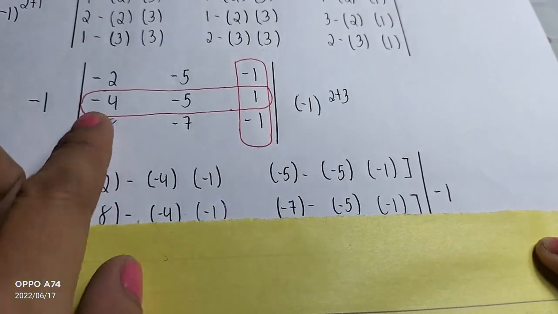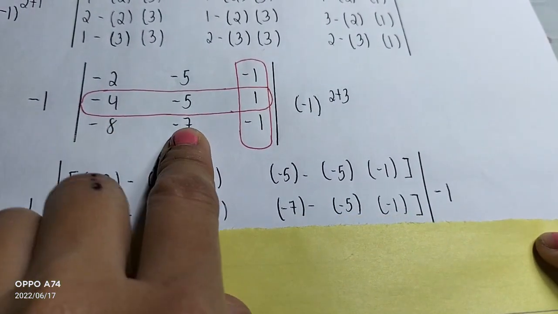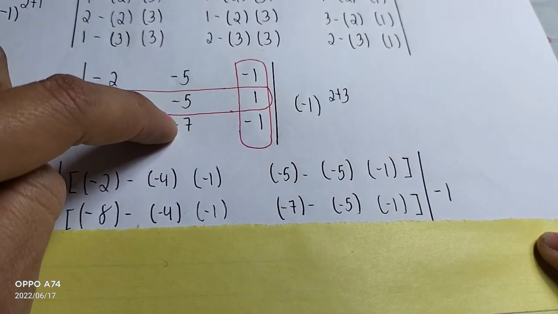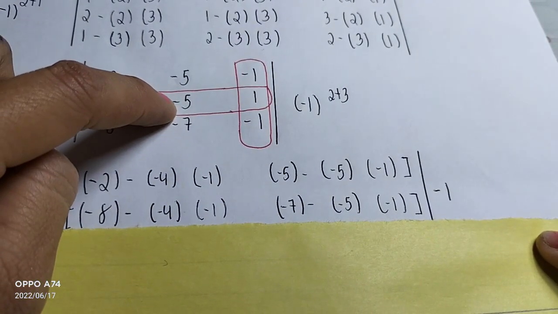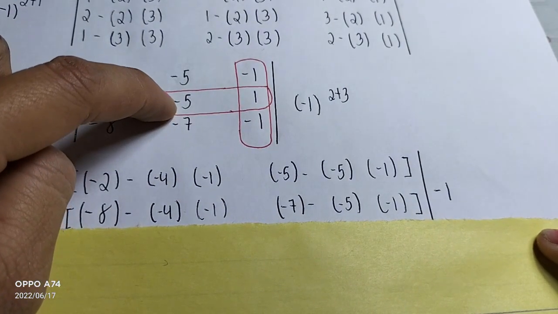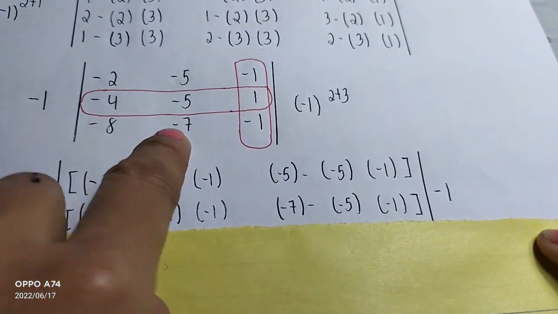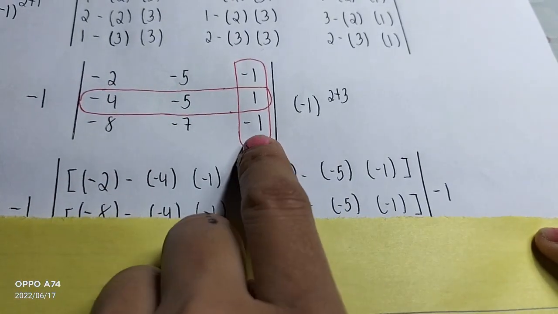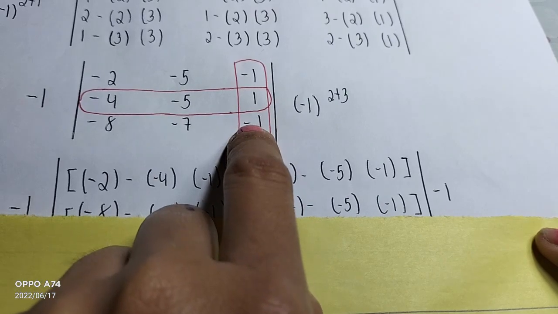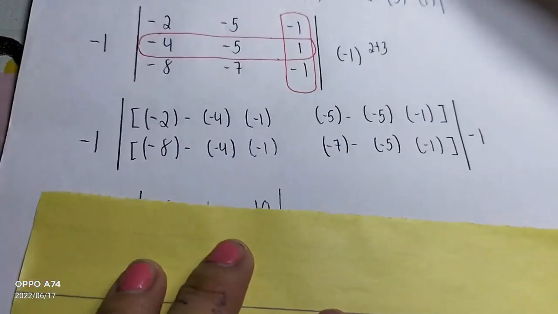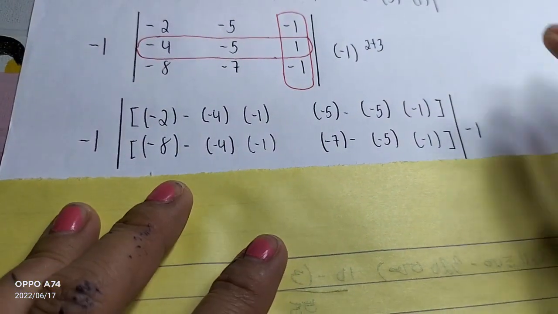So, yun. And the last is negative 7 quantity of negative 5 and quantity of negative 1. So, ngayon, isasolve na natin siya dito.